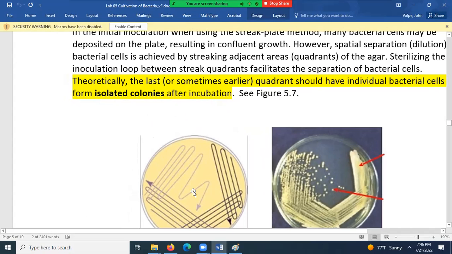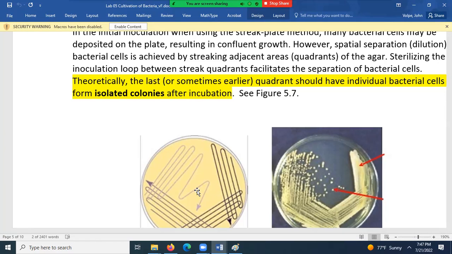And then when you have isolated colonies on this second plate, you take from that isolated colony and you say that that is probably a pure culture, because there's a greater than 95% chance that it is a pure culture.